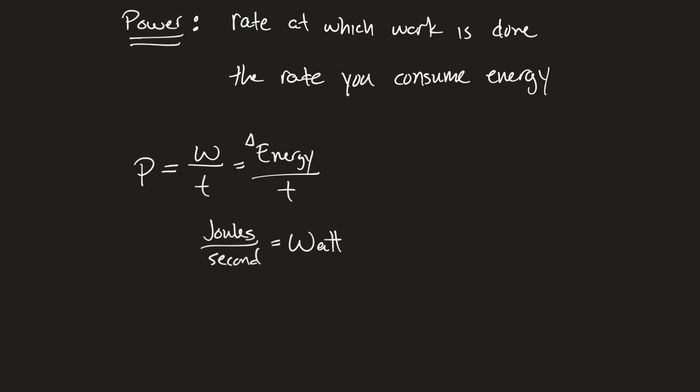Now, we're going to have our quiz, but you need to see this. Work is force times distance, right? Divided by time means power could be written as force times velocity.